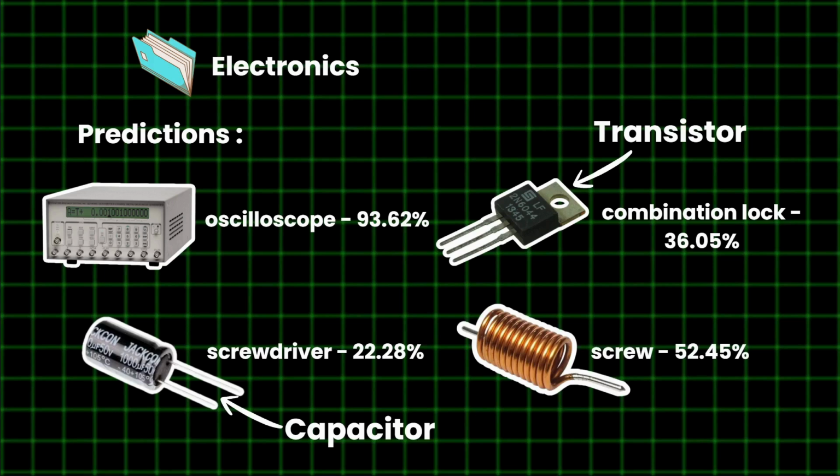And this is a coil, and it detected a screw for 52%. You will see that when the model hasn't seen the images it needs, it will start making some hallucinations. It is supposed to give you an answer, and it must give you an answer, but sometimes the answer is not correct.